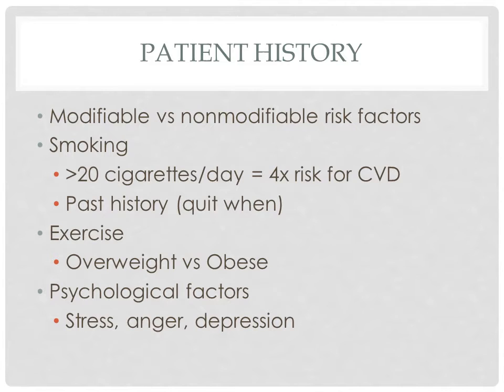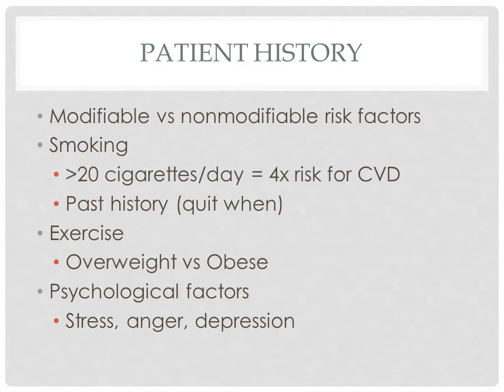You want to determine when they actually quit. A lot of people come into the hospital for an issue and say, oh, I quit. When you talk to them a little more, they quit when they were admitted to the hospital. So you want to make sure you understand whether they're actually active smokers or if they quit smoking 10 years ago.